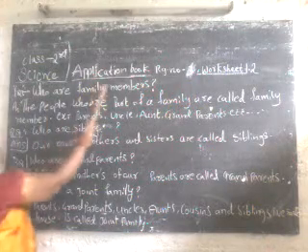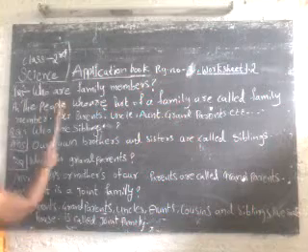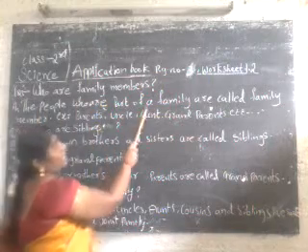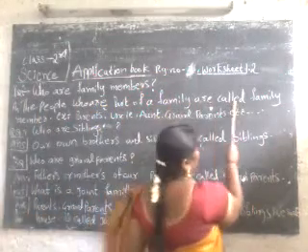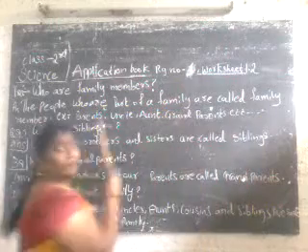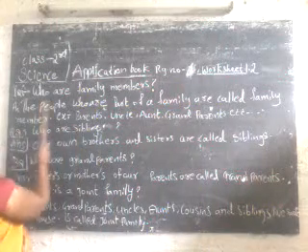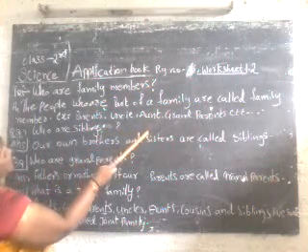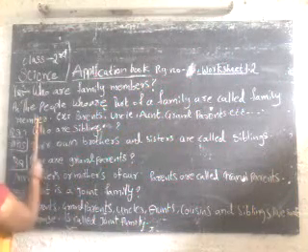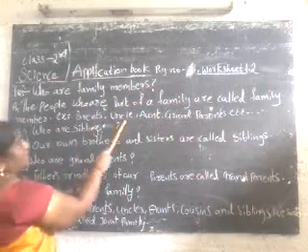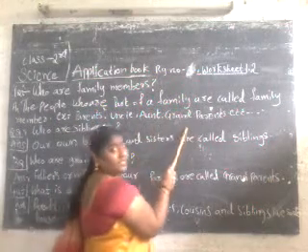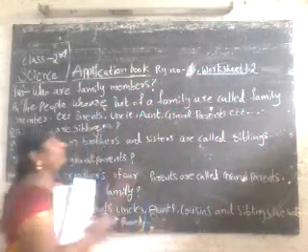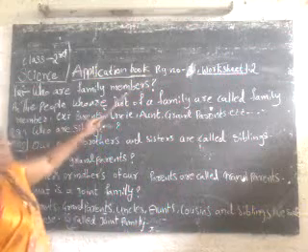The people who are part of a family are called family members. Example: parents, uncle, aunt and grandparents, etc. One more time, look at who are family members.